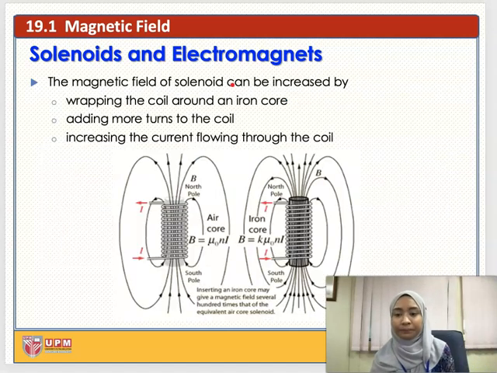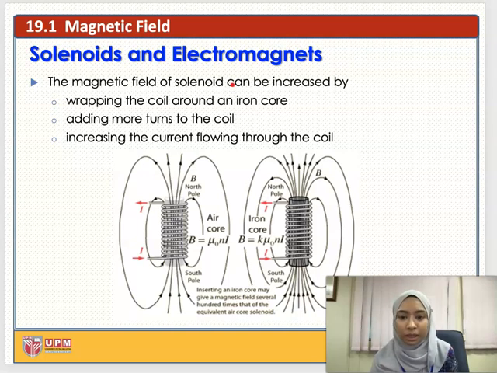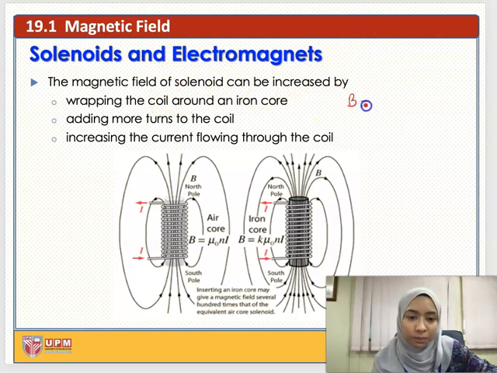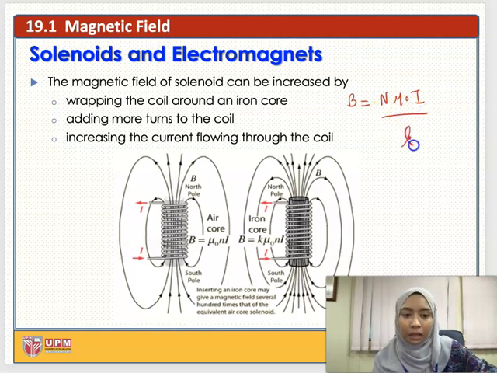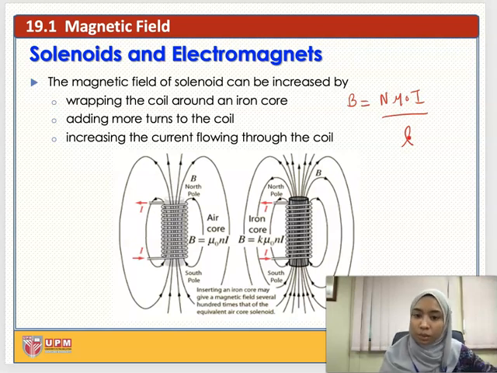Okay, moving on. Solenoids and electromagnets. The magnetic field of a solenoid can be increased by. So remember, the equation for a solenoid is B equals to N mu naught I over L, where L is a length. The difference between a solenoid and a coil is that the coil punya length is neglected.